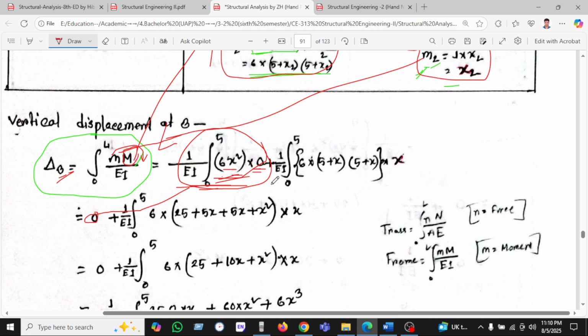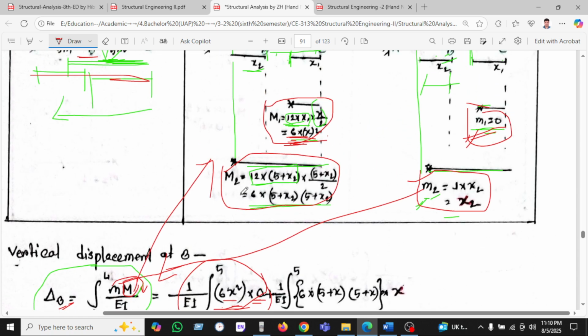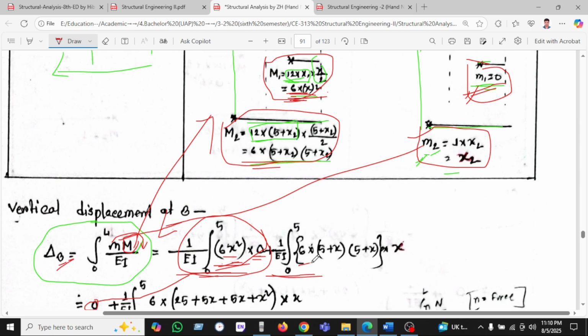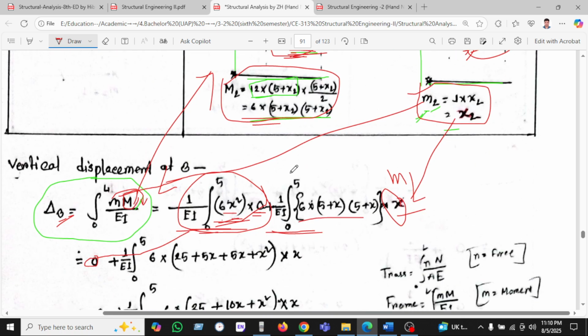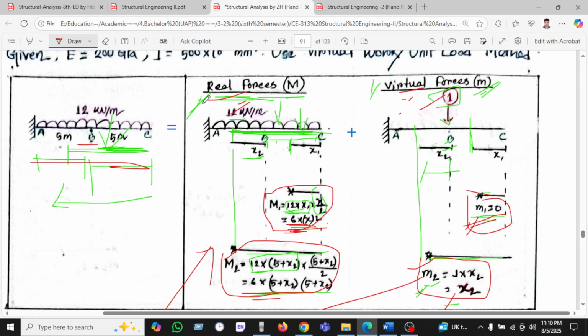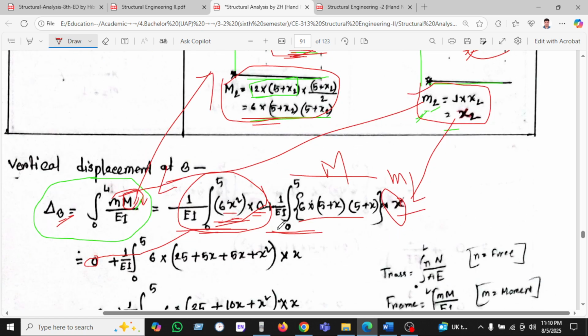Another portion we have found here: M2 we have seen as 6 into 5 into x2, into x, and it will be multiplied by the smaller m. This is the smaller m, from the virtual forces, and the bigger M, the block letter M, comes from the real forces.